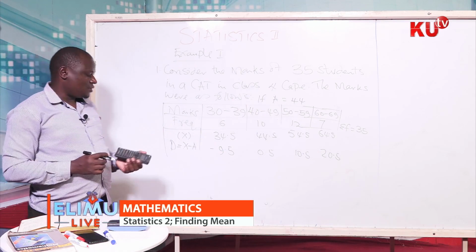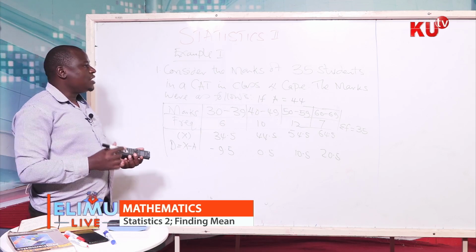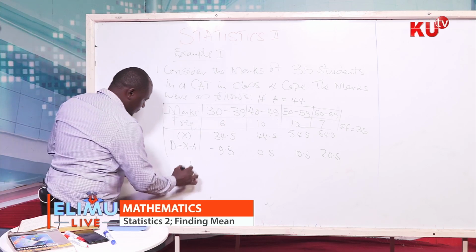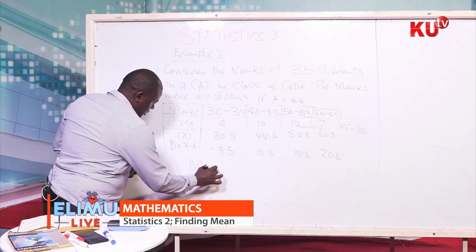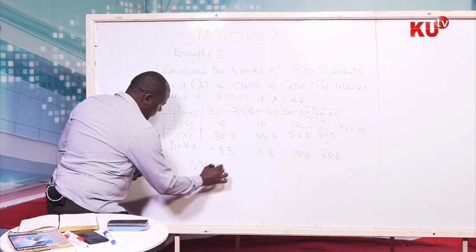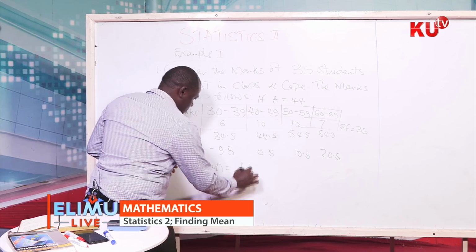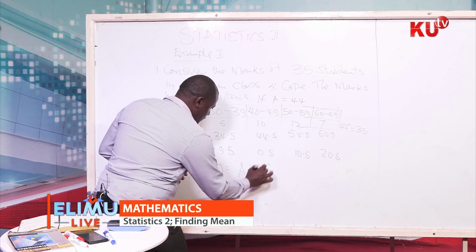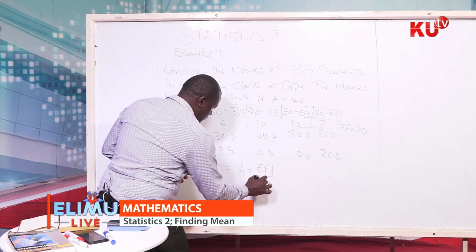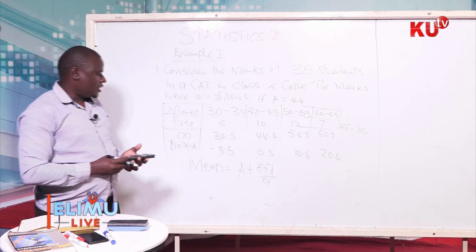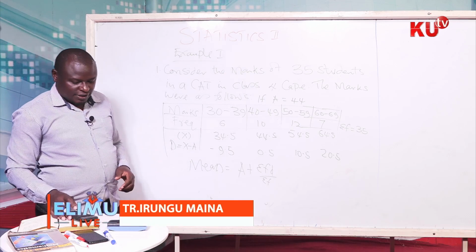Once we have deviations, now how do we get the mean? Mean is given by assumed mean plus summation of FD all over summation of F. Mean, I can say that again for the purposes of writing.